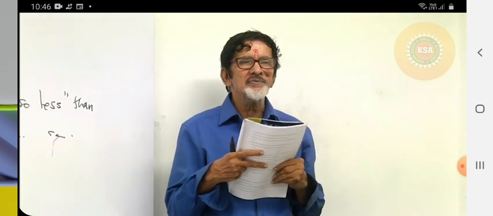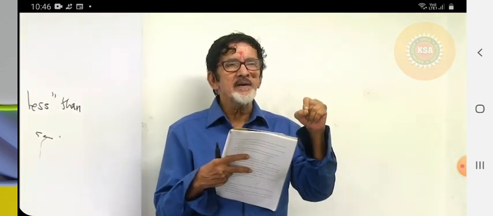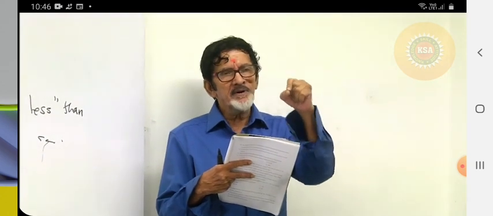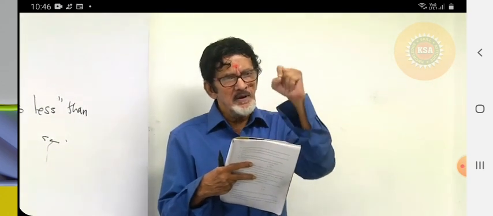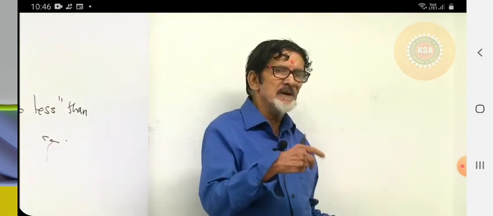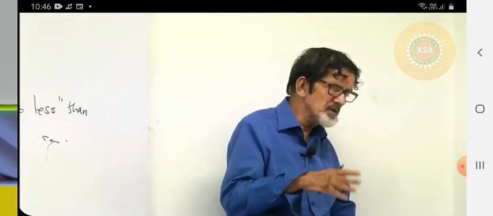Why, sir, are we calculating SI? Simple interest on 1400 means you have to calculate simple interest on 1400. You cannot get a numerical answer. Anyhow, you have to write your answer.